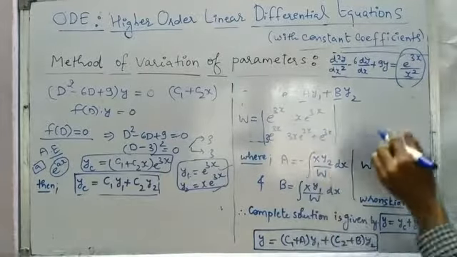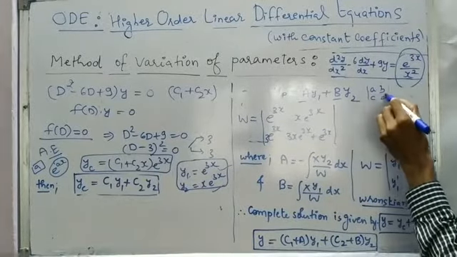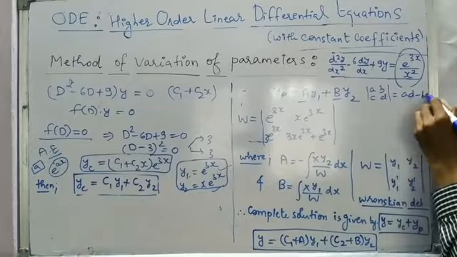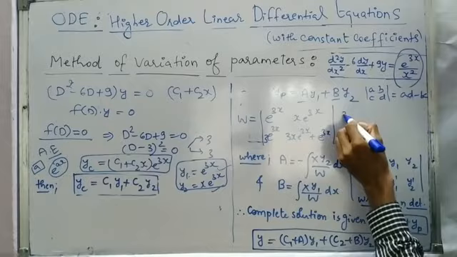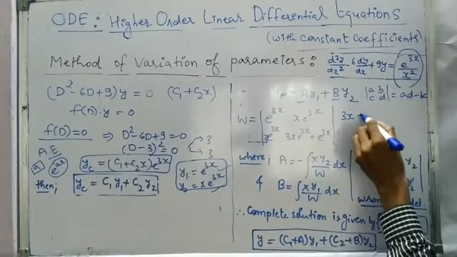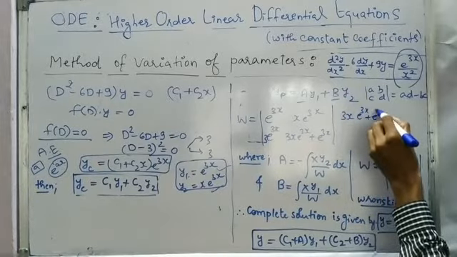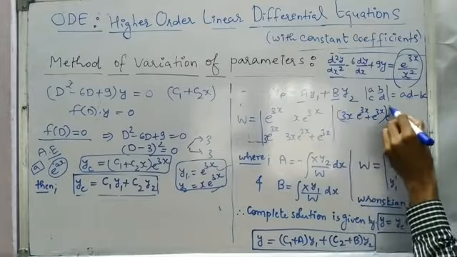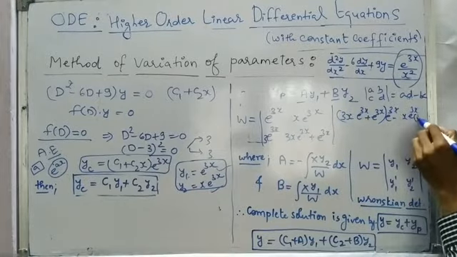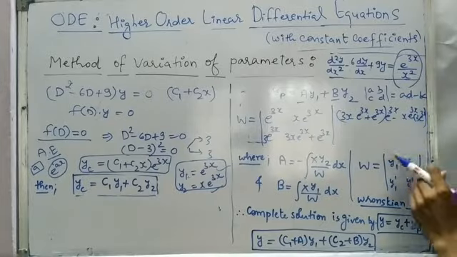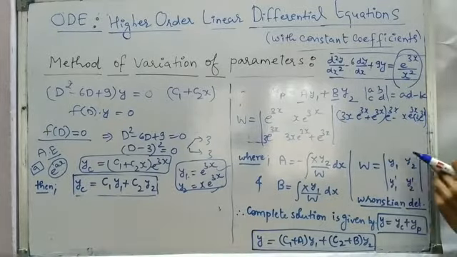Determinant of a, b, c and d is nothing but ad minus bc. So a into d: e power 3x into 3x e power 3x plus e power 3x, into e power 3x, minus x e power 3x into 3 e power 3x. Let us see which terms are going to get cancelled.